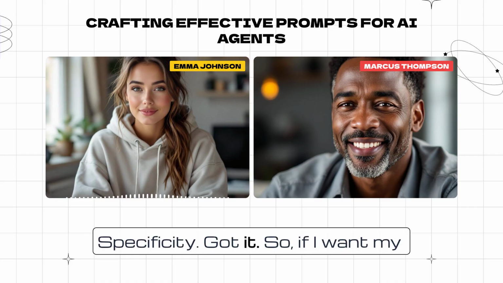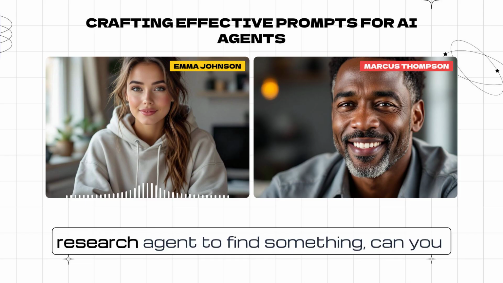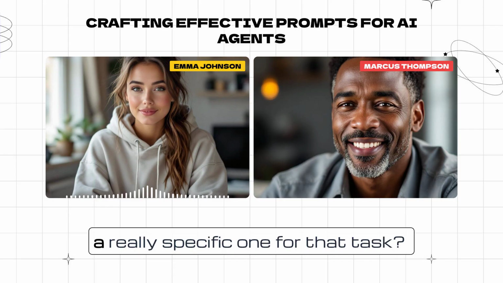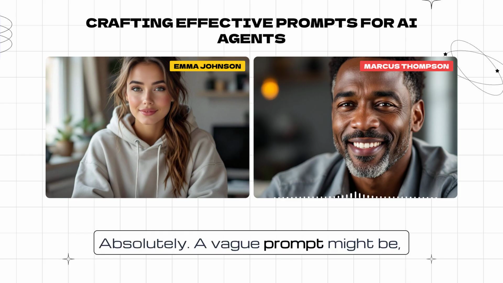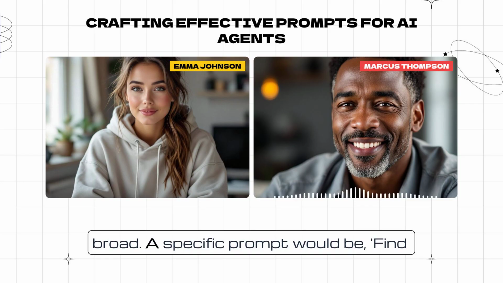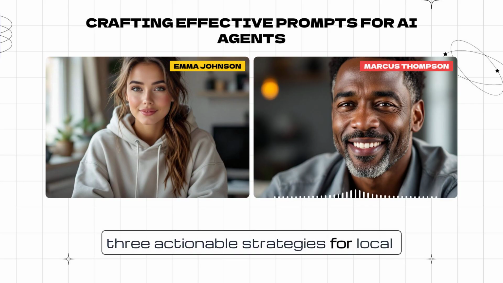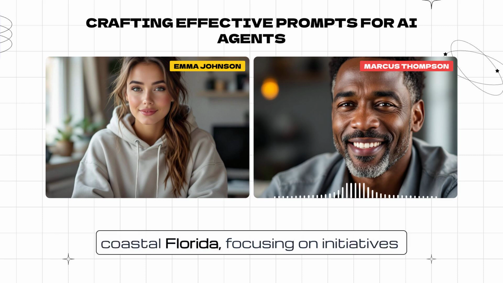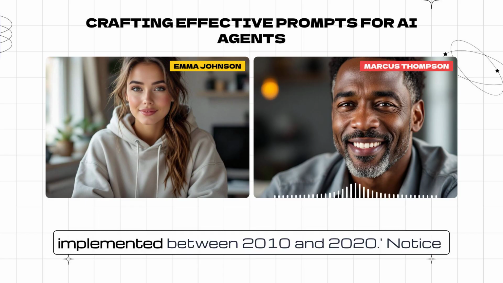Specificity. Got it. So if I want my research agent to find something, can you give me an example of a vague prompt versus a really specific one for that task? Absolutely. A vague prompt might be "research climate change." That's far too broad. A specific prompt would be "find 3 actionable strategies for local community adaptation to rising sea levels in coastal Florida, focusing on initiatives implemented between 2010 and 2020."